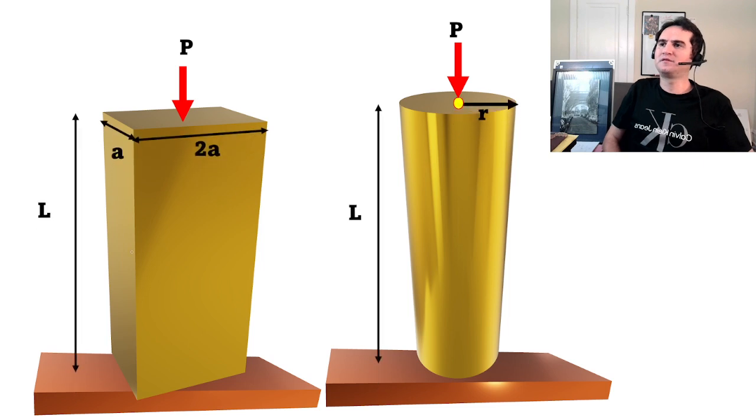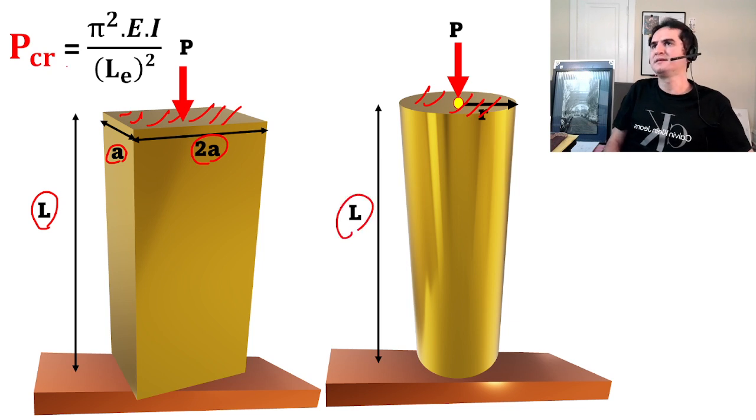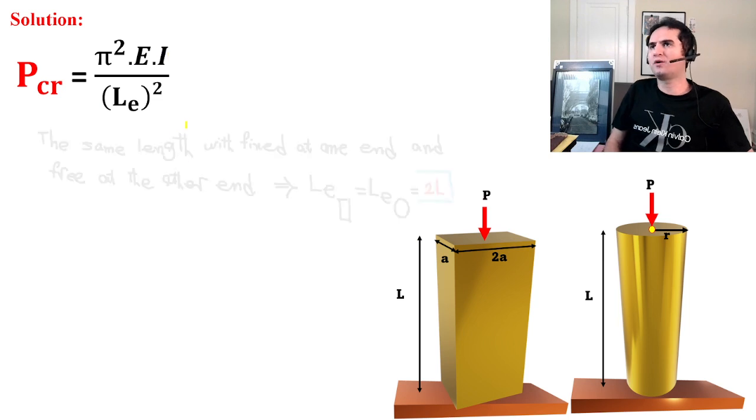These are the dimensions of our first cross section, with the length of L and the radius R. We know the critical force from Euler's equation: pi squared times E I over the effective length squared. Let's see how we can approach our problem.